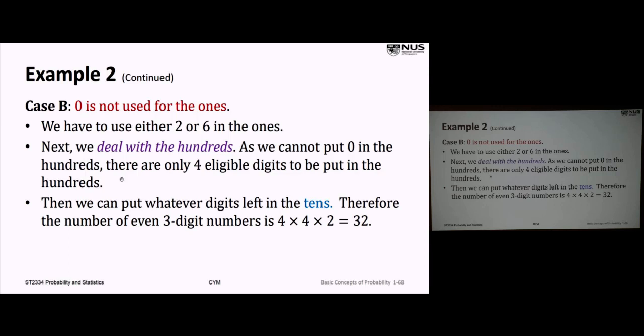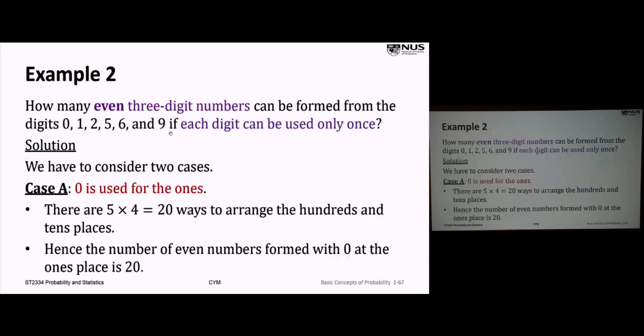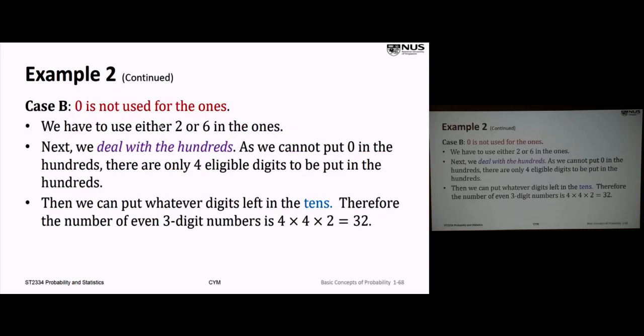So once I've chosen either 2 or 6, I can only choose basically 1, 5, or 9, I think. So 4 possible choices, yes, sorry. There are 1, 5, or 9, or the other one, right? So if I choose a 2, I could choose the 6 the next time around. So in the hundreds, I have 4 possible outcomes.